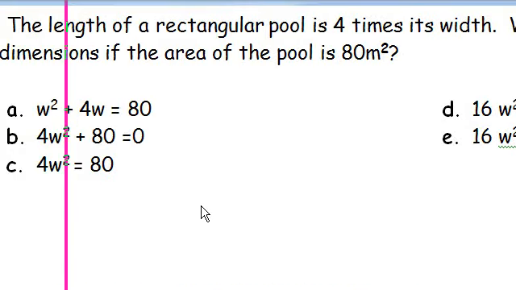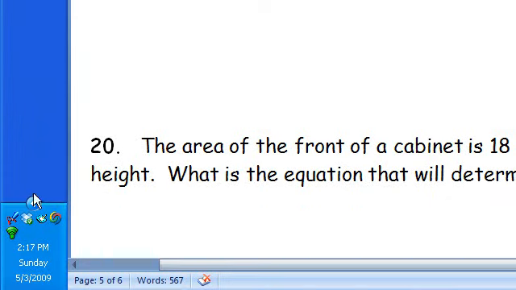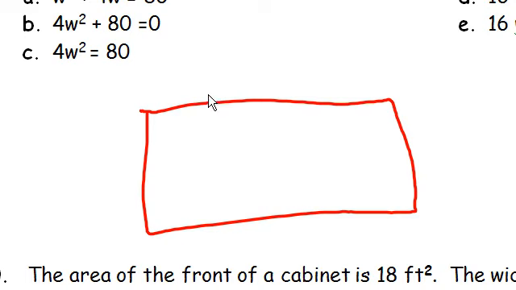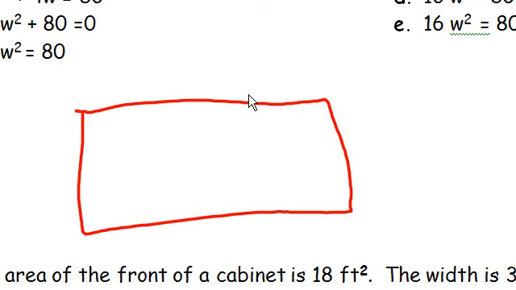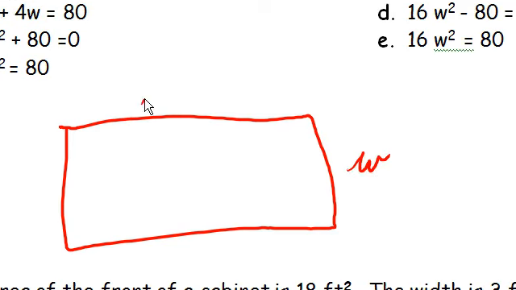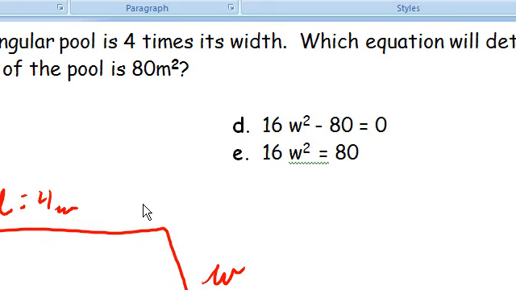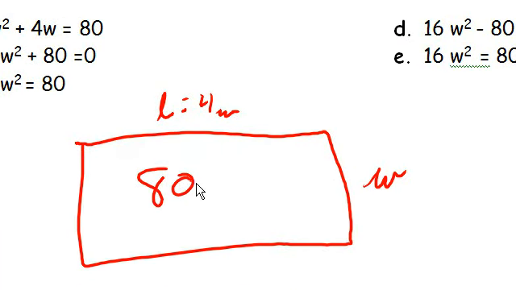The length of a rectangular pool is 4 times its width. So here's our rectangular pool. The length is 4 times the width, so L equals 4W. Which equation will determine the dimensions if the area is 80 meters squared?